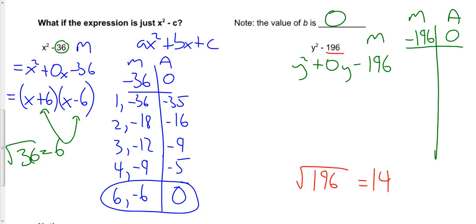Well, positive 14 times negative 14 gives me negative 196, and it will also give me 0 if I add those two things together.